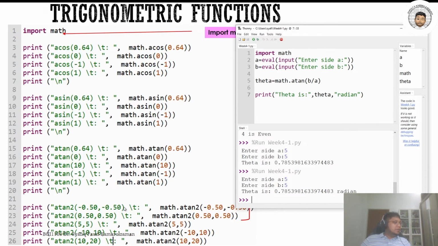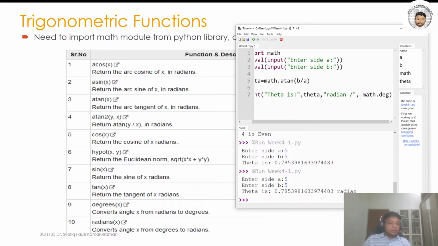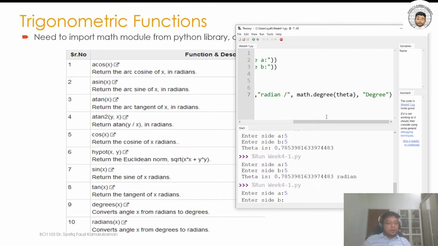So how about we convert this radian into degrees? In the example here, degrees(x) converts angle x from radians to degrees. So you can just add it here. Oh, we forgot the module name: math.degrees(theta). Let's put it in. Side A is 5, 5.